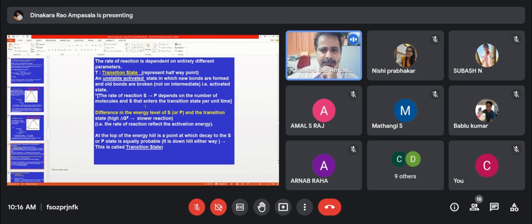The rate of reaction depends entirely on two different parameters. One is called the transition state, which we saw in the previous graphical representation, where the enzyme interacts with the substrate molecule and forms an enzyme substrate complex. Forming the enzyme substrate complex is a transition state.